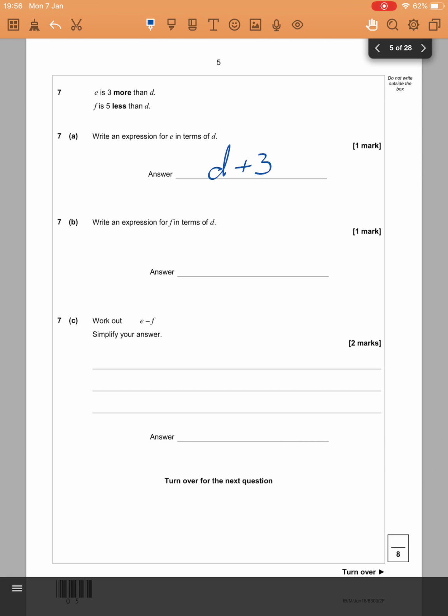So you can now try doing part B. Write an expression for F in terms of D. So start off with D, and F is 5 less than D. So you can finish that answer for question B. Then you have to work out E take away F. So you've got to do this, take away this, and be very careful with the negatives when you do that.